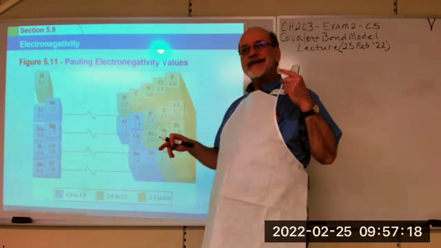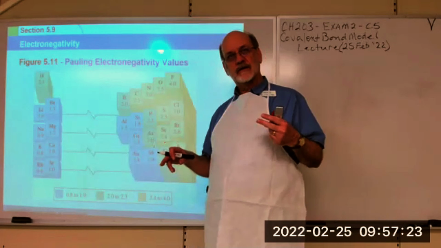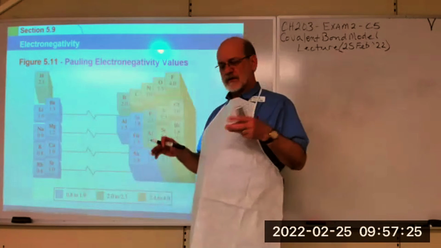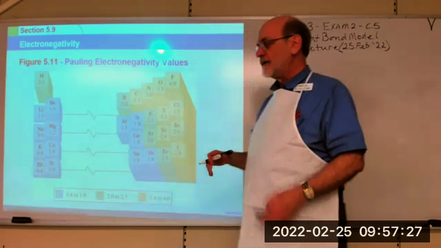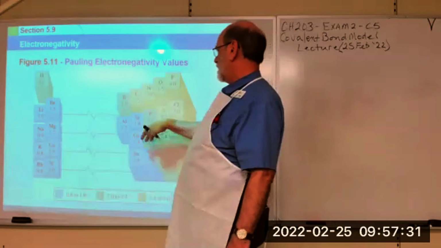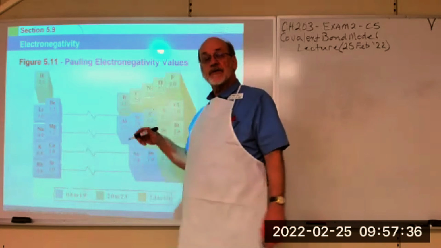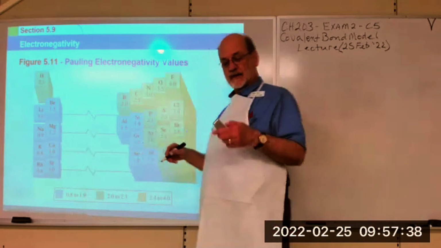Plus, is it going to be a polar covalent bond or a non-polar covalent bond? So we have a rule of thumb that goes along with that. Say the difference between boron and fluorine, that's a difference of 2.0.